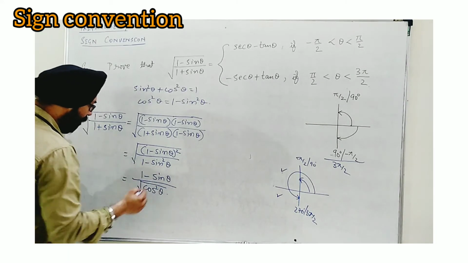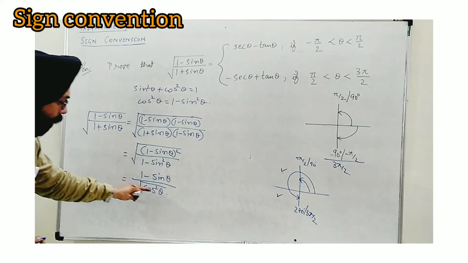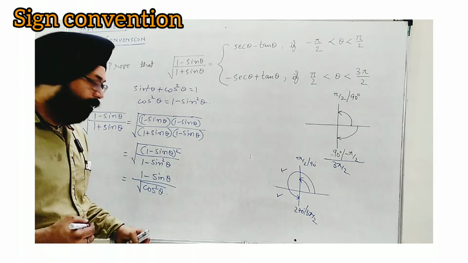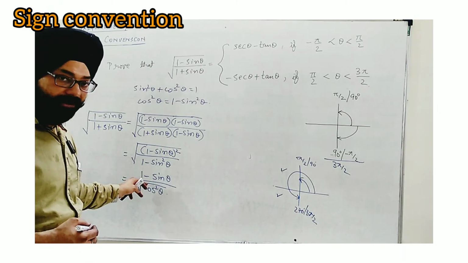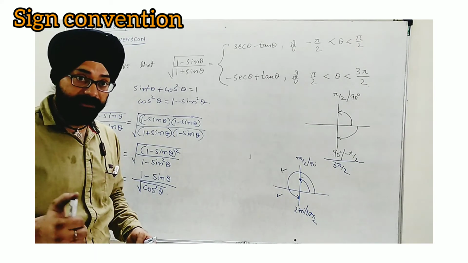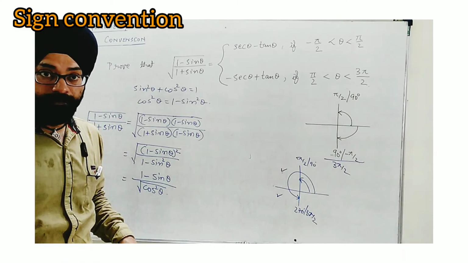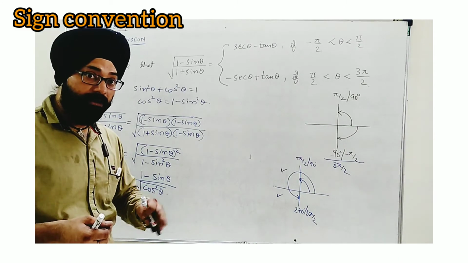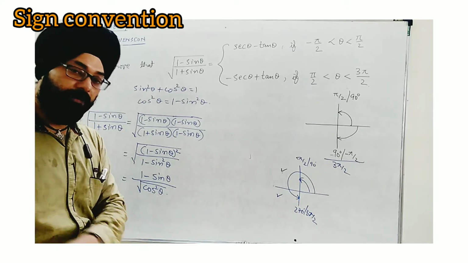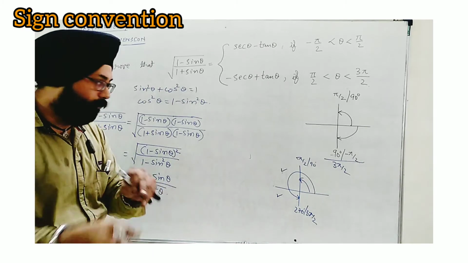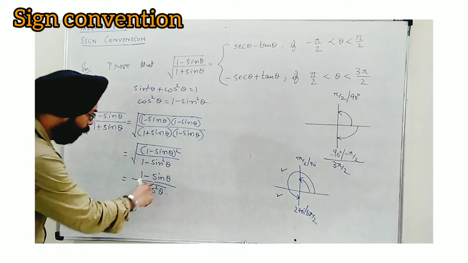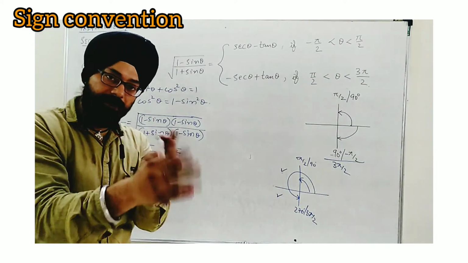cos square theta. Now this root cos square theta, as we know, previously we eliminated the square and square root and got the answer cos theta. But now, according to our knowledge, cos theta may be negative also, because we have seen angles beyond 90 degrees. In the previous class we used to see only the first quadrant from 0 to 90, so that's why cos or sine under root square always came out positive.